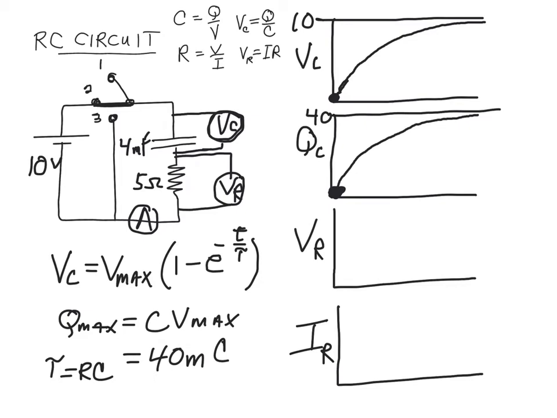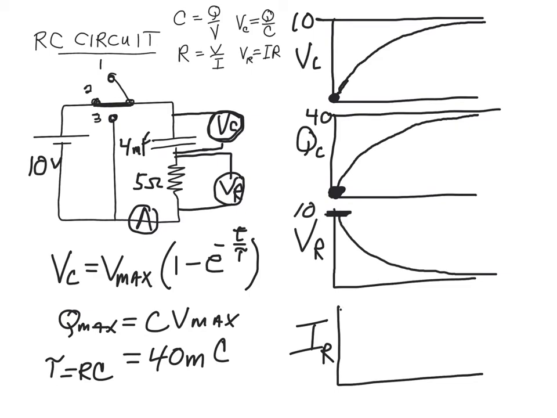If we start with 0 voltage on the capacitor and the battery's 10 volts, then at that instant of t equals 0, we have to have 10 volts on the resistor, because the sum of the voltages around the closed loop, Kirchhoff's law, has to be 0. So this is going to start at 10 volts, and in a similar way, it's going to decay, as I said, the mirror image of that upper graph.